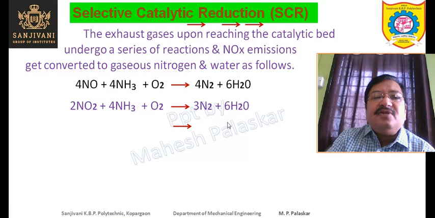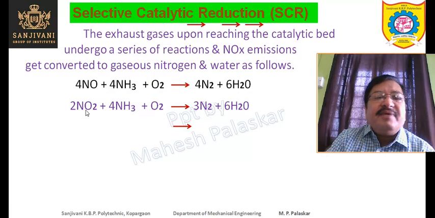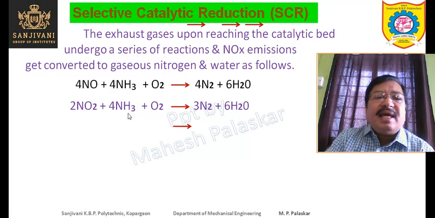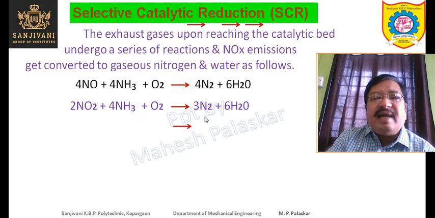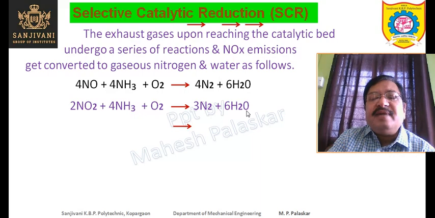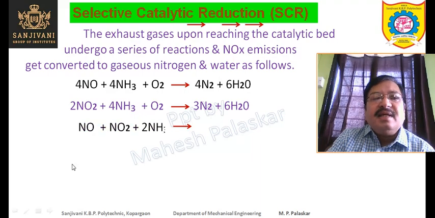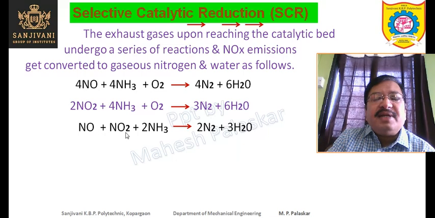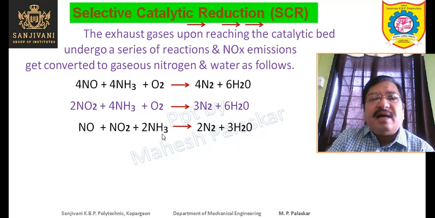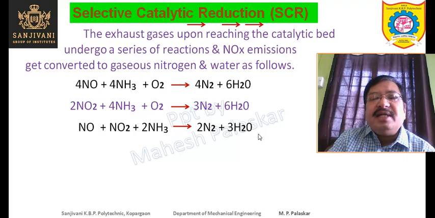Similarly, this reaction is also balanced. We have nitrogen dioxide, then ammonia and oxygen, and finally we get nitrogen and water again. Here also we have nitrogen oxide and nitrogen dioxide, and then the ammonia, which is converted into nitrogen and water again.